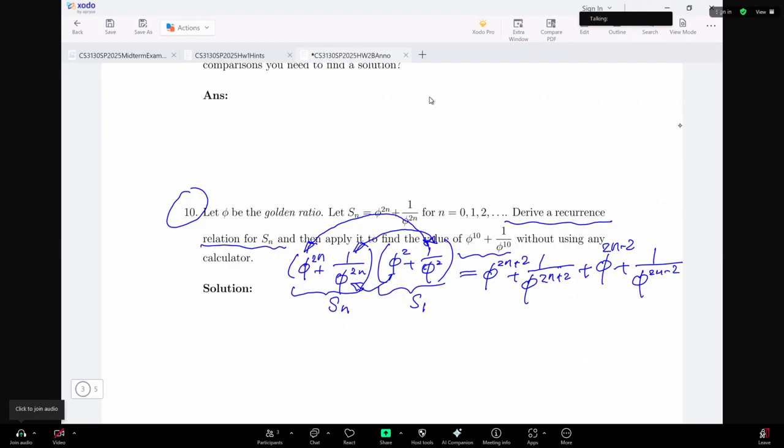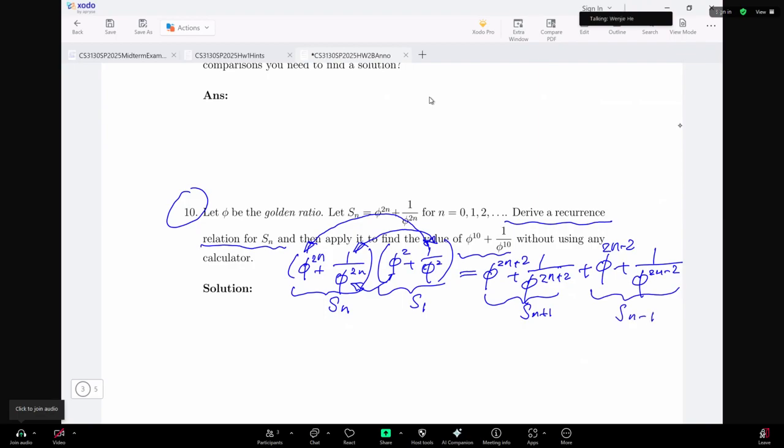After you get this expansion, what is this? What is the expression if we use Sn plus 1? And what is this? Sn minus 1, right?